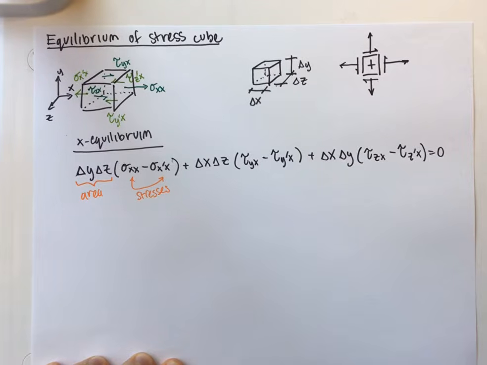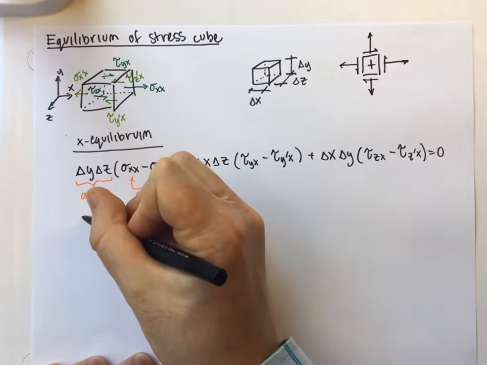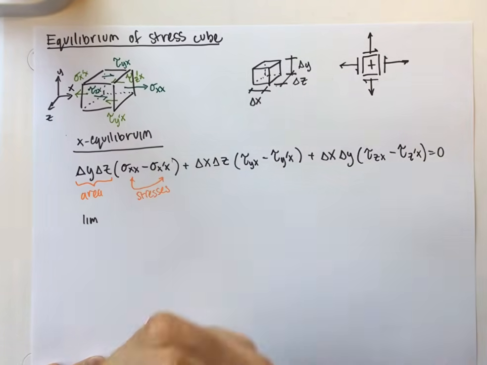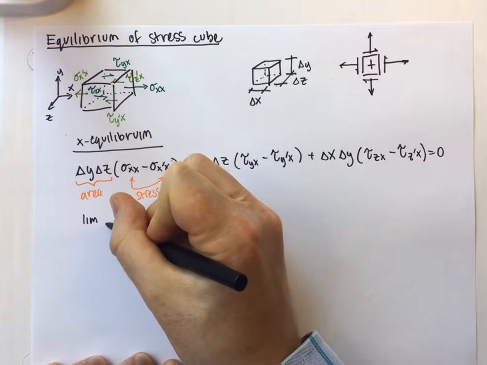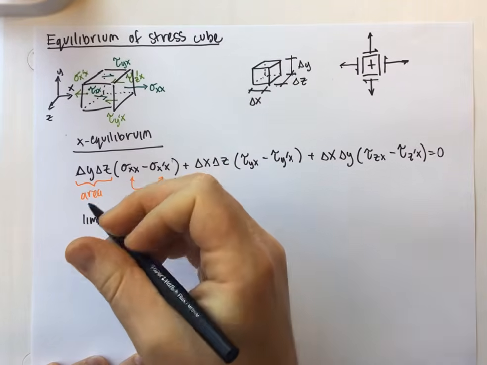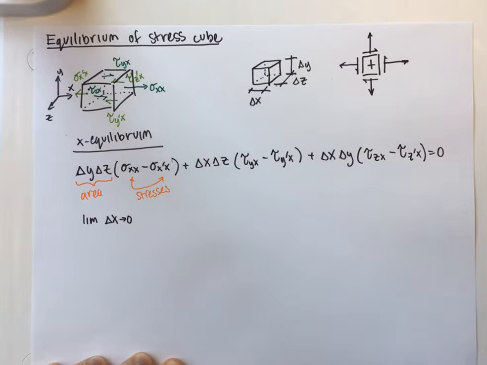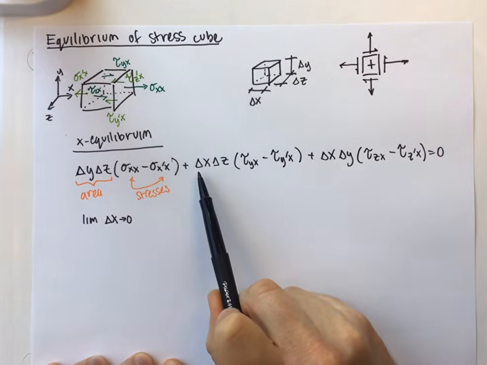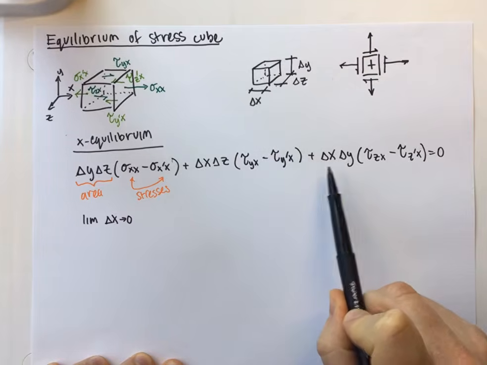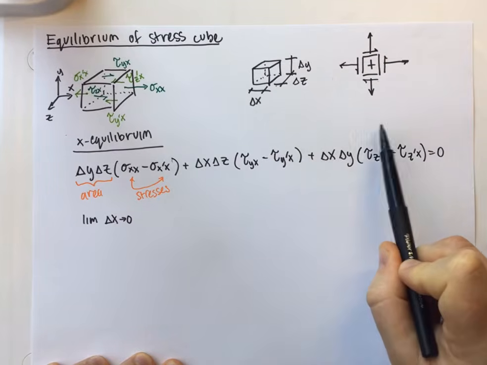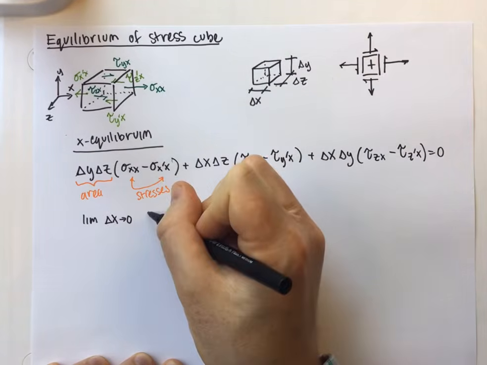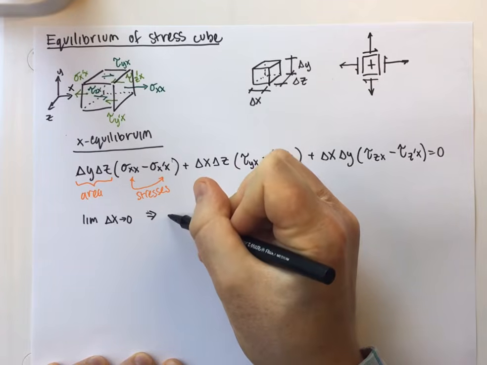And at the end of the day, we're going to do the same kind of trick we've done with all of our other equations, and that's we're going to look at what happens as this infinitesimal cube gets smaller and smaller and eventually approaches 0. So the limit as delta x approaches 0, what happens? Well, you can see that this term here is going to go to 0. This term here is going to go to 0. And what we're left with is just going to be this front part.